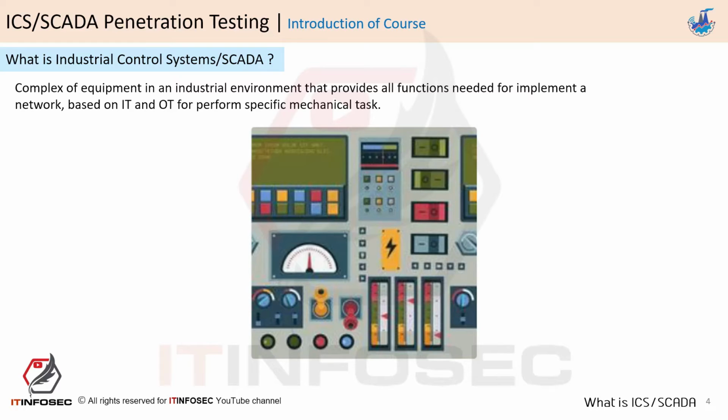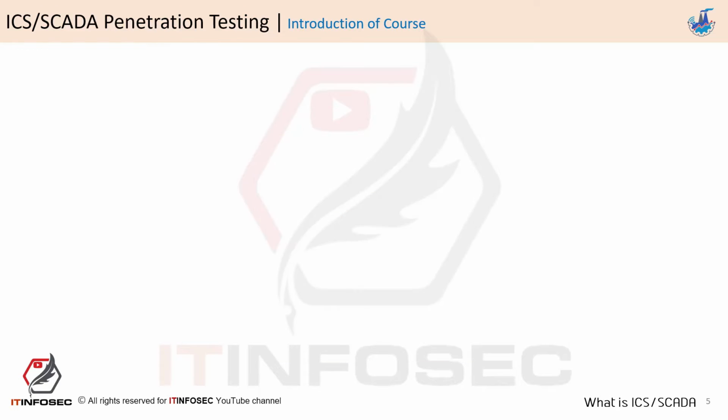OT means operational technology, used to perform a specific mechanical task, for example producing a thing in a factory, producing oil, producing gas, producing electricity, and any other items like this.